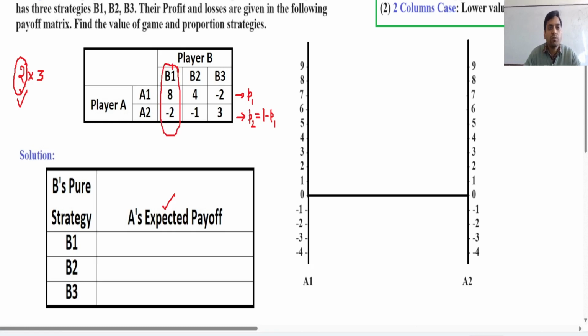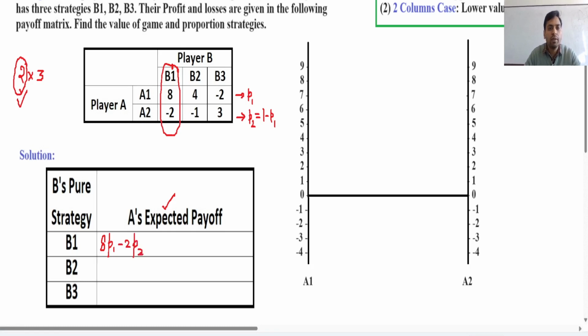The proportion for A1 is P1, so we will write this as 8 into P1 plus this quantity into P2, so this is minus 2 into P2.